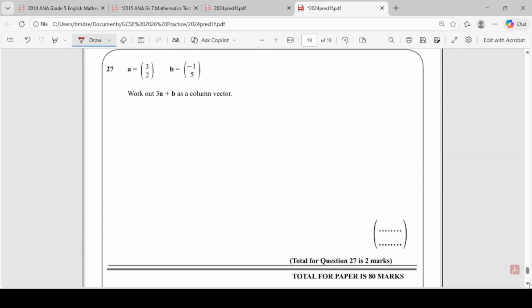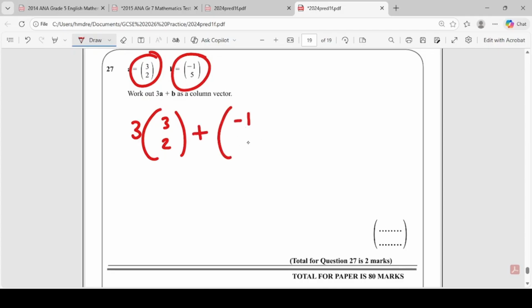And question 27 is a vector question. So work out 3a plus b as a column vector. All we have to do is wherever there's a, we put in this vector. Wherever there's b, we put in this vector. So 3a means 3 times this, plus b, minus 1, 5. Okay, we just work it out.